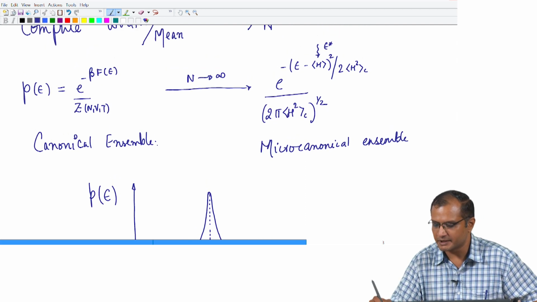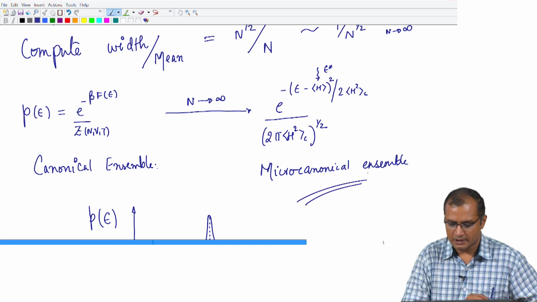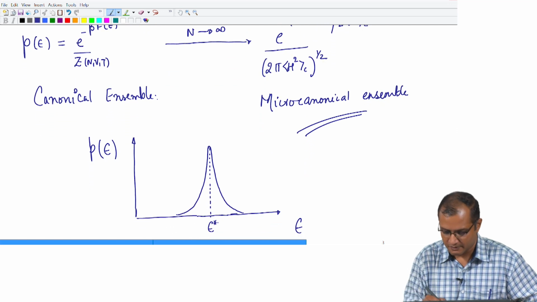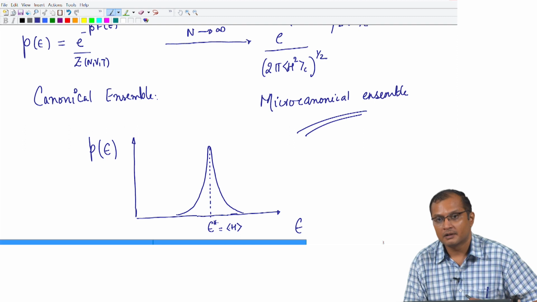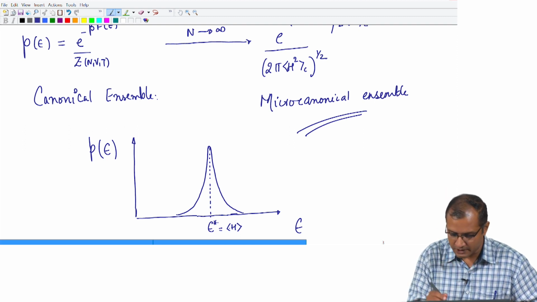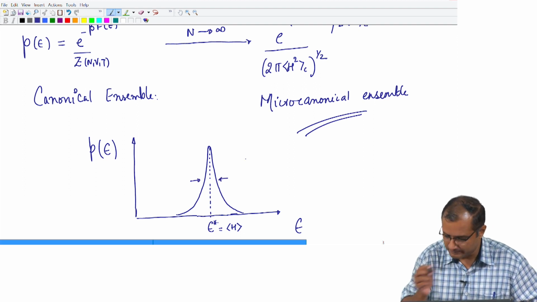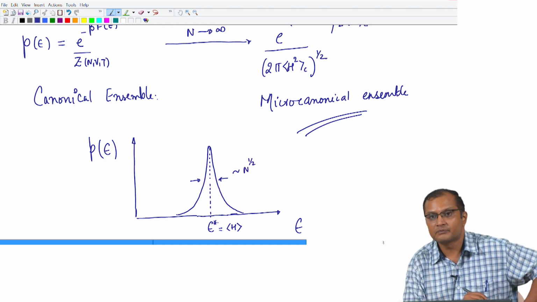But if I look at my distribution here, well, this distribution has a peak which is also at h bar. So, this is also equal to the mean value of energy, and whatever is the width here, which is proportional to, I would say, it scales as square root n.